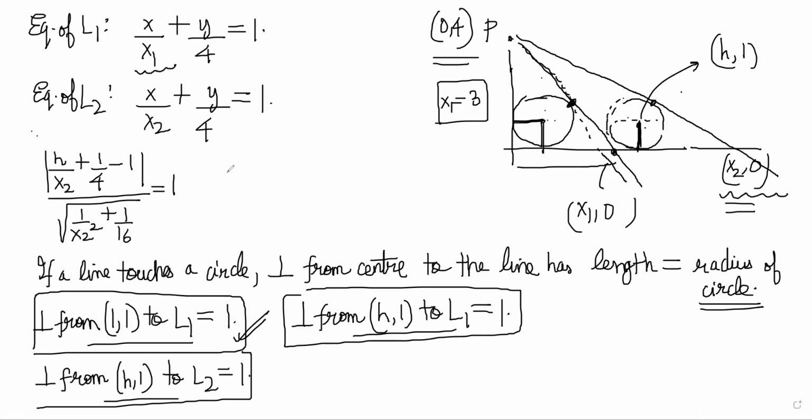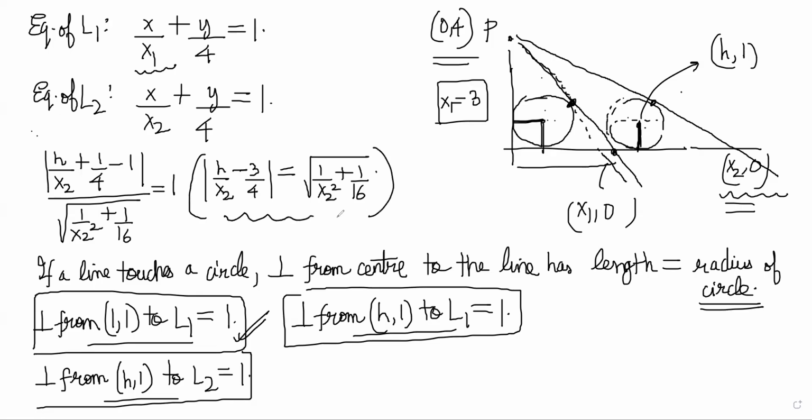So you get a similar equation like the previous time, and we are getting |h/x2 - 3/4| is equal to basically 1/sqrt(1/x2² + 1/16). So that is one condition that I get.